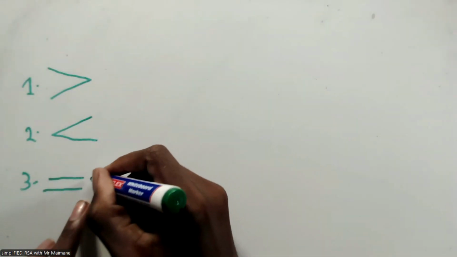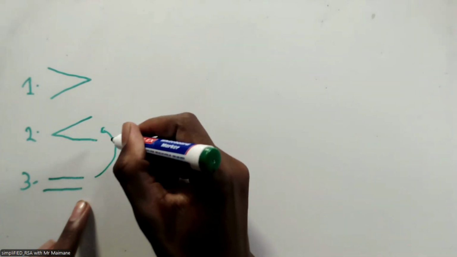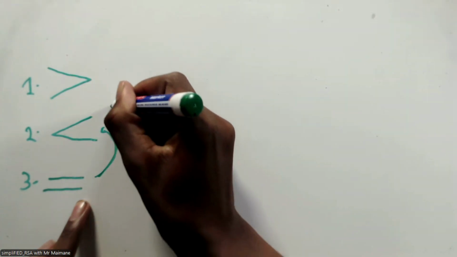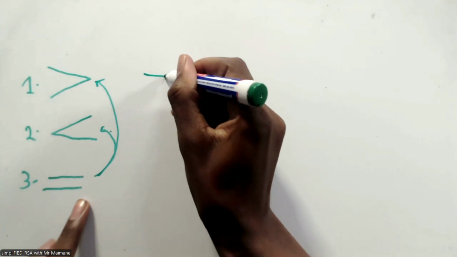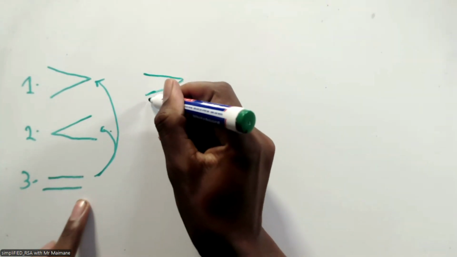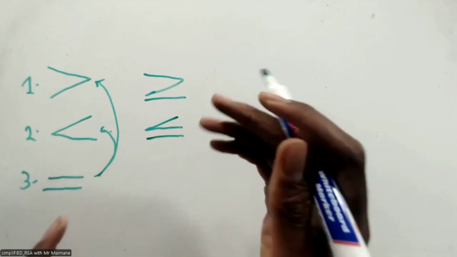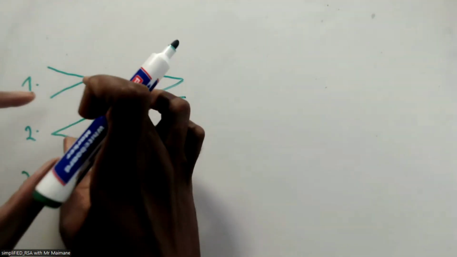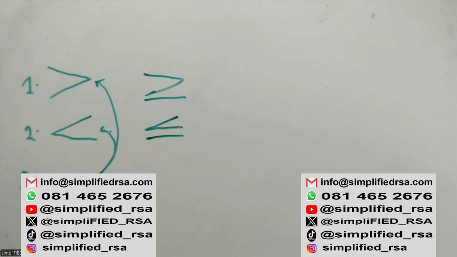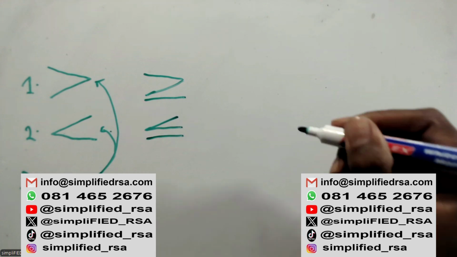Furthermore, these signs can all include an equal sign, such that we would have something like greater than or equal to, less than or equal to. That's when they include an equal sign with the greater than and less than signs.